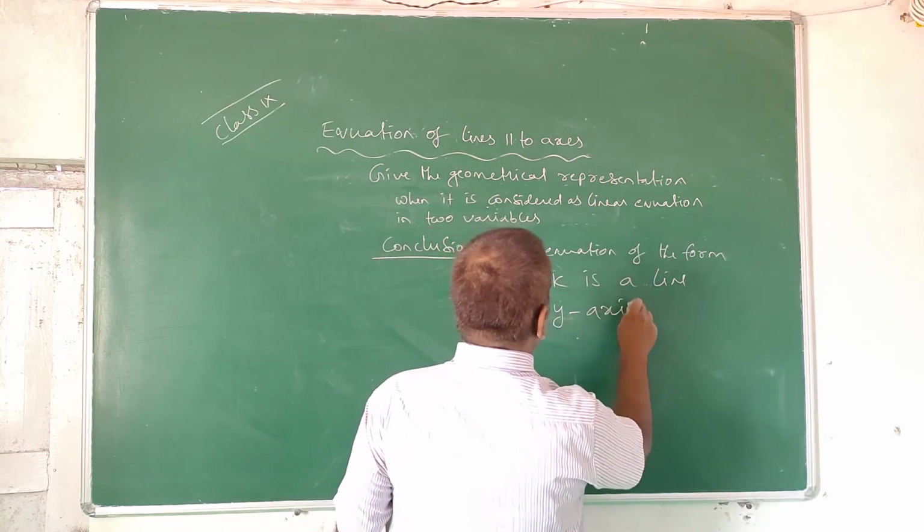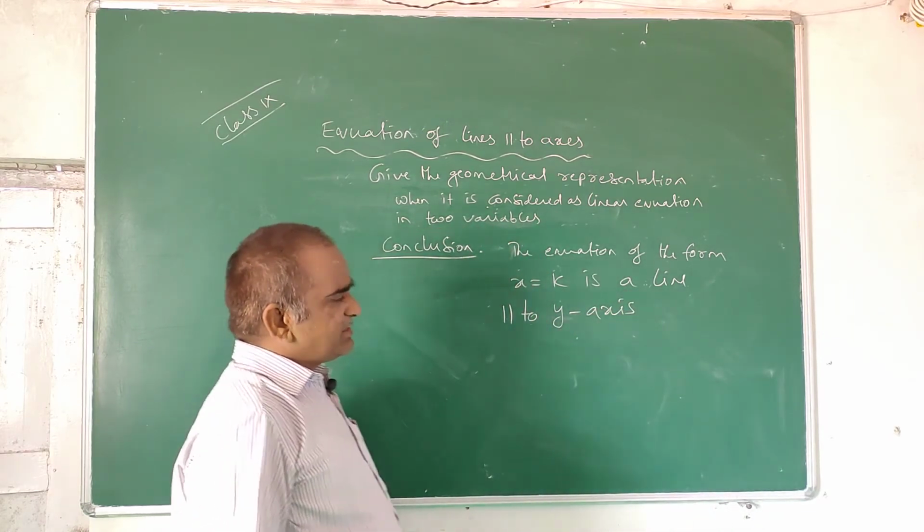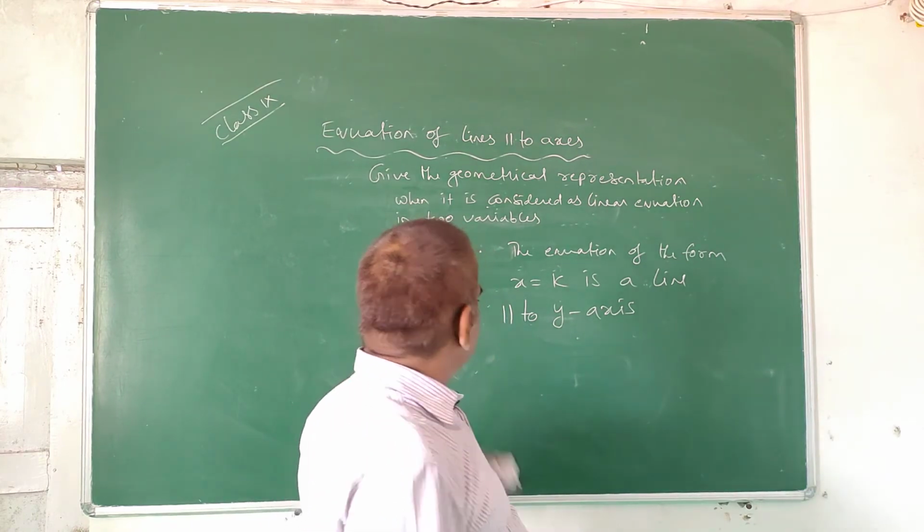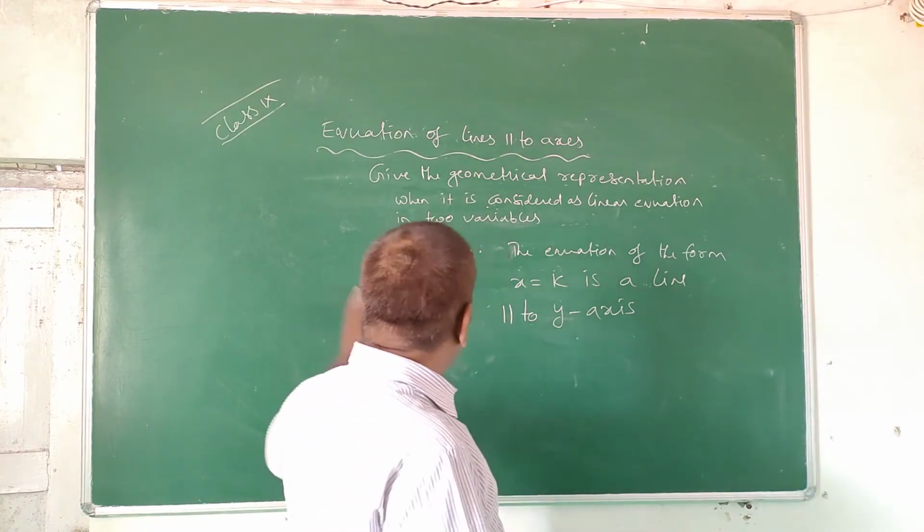This is our conclusion. If k is positive, it will be on the right side of the y-axis. If k is negative, it will be on the left side of the y-axis. Understood?